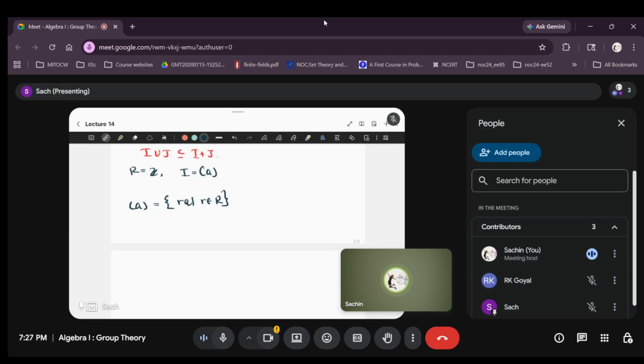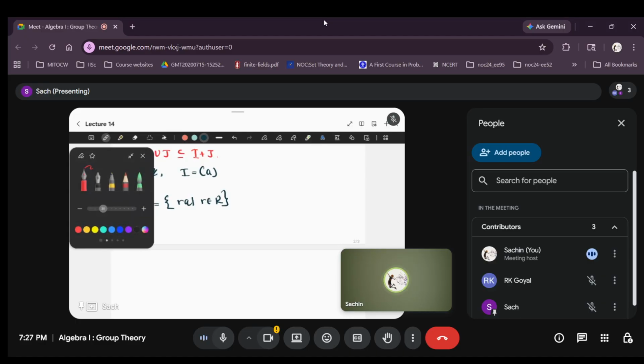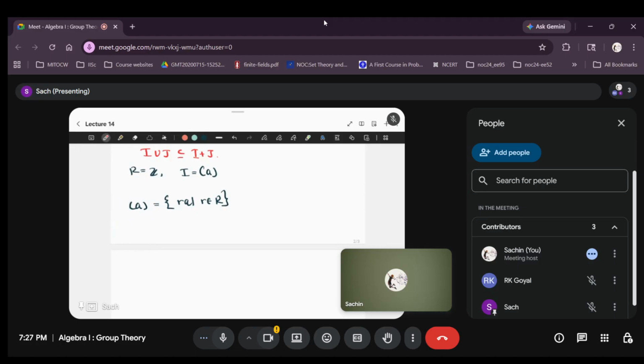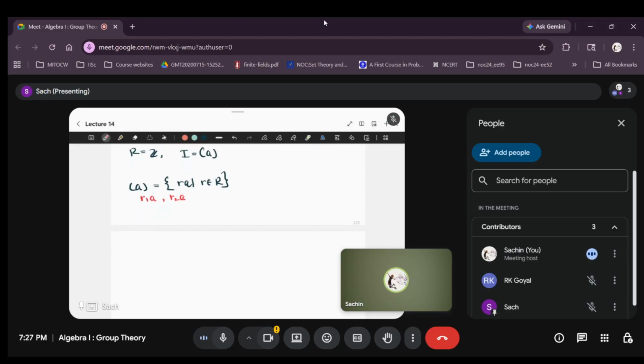Yes, any element in this, I left that as an exercise, but I'll do it. First, we have to prove that it is an additive subgroup. You take R1A and you take R2A. These are two different elements, right? This is all products of A, so you have to take two different ring elements to get two different elements in this set.